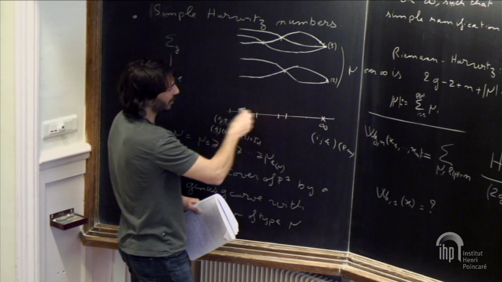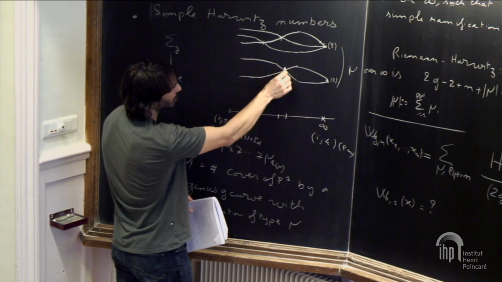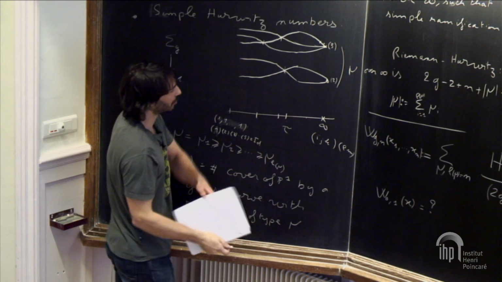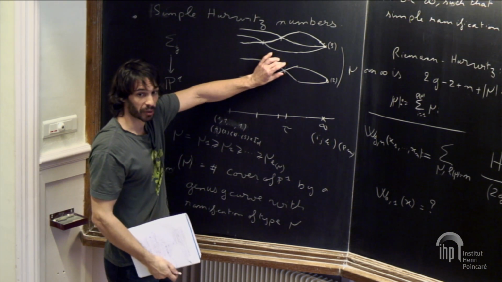And so the problem of finding a cover is to find a sequence of permutations which correspond to simple ramification points. Simple ramification point means that you've got just 2 sheets which come together. So it means that you've got just a transposition.